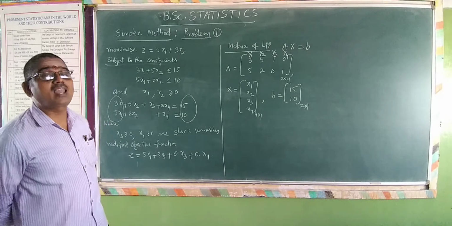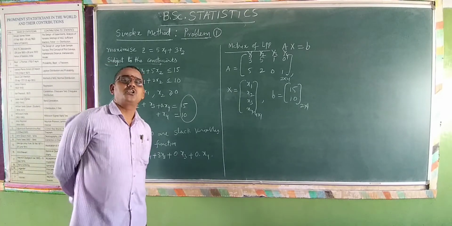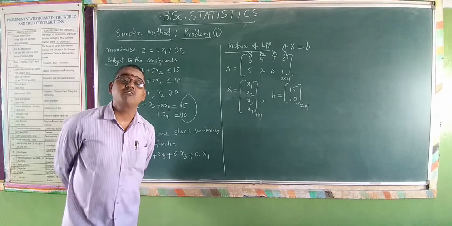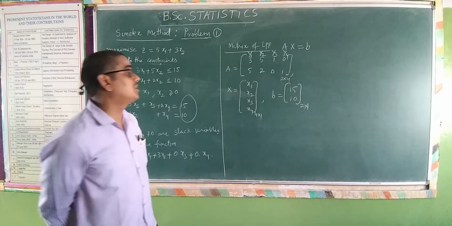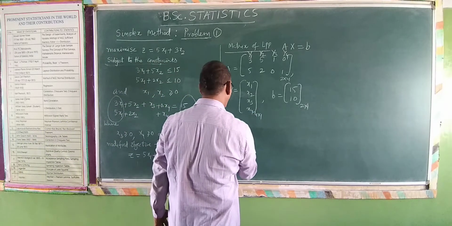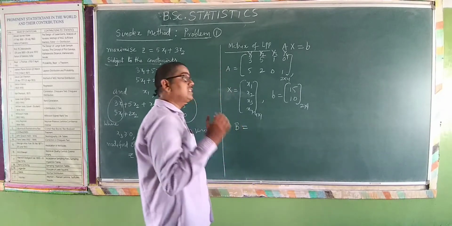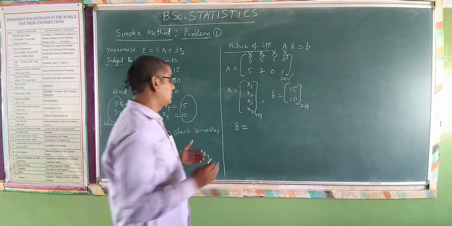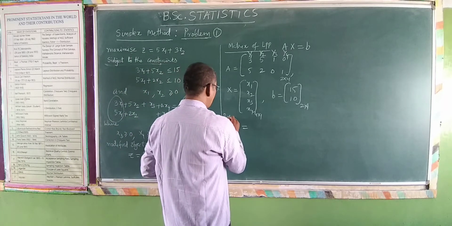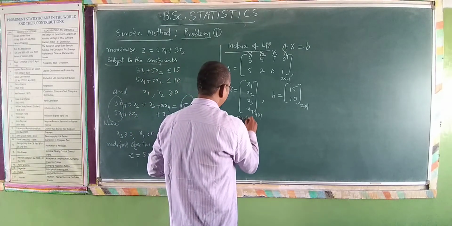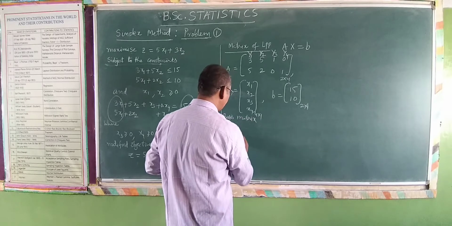Now you have to calculate. The next step is to get the initial basic feasible solution, for which I have to write two particular values. First of all, B. What is B? It is the basis matrix. What is a basis matrix?